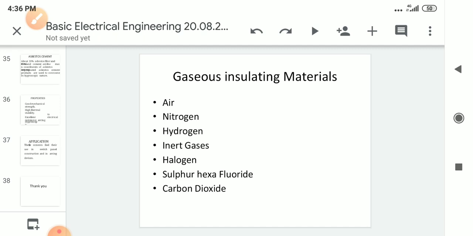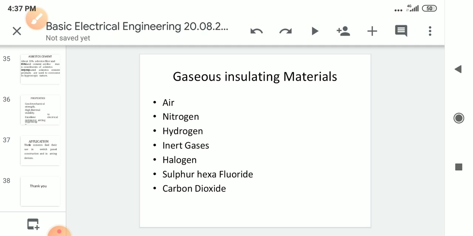Then we will understand for which property, for which application it is used, right? So in our insulation materials topic, we studied the various properties of insulation material, that is electrical properties, chemical properties and mechanical properties.